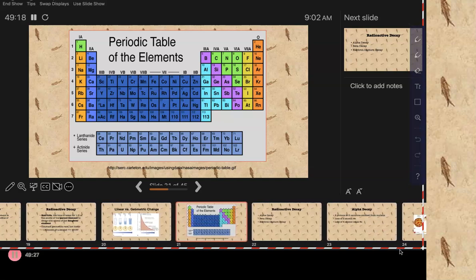So here's that table of elements. You may remember it. You may not. What's essentially happening when we call this decay is breaking down, right? So the idea is that you pick, I don't say any element because we use a handful, but you pick an element and you move down an element or two. That one turns into that one. In order to do that, what makes these elements?